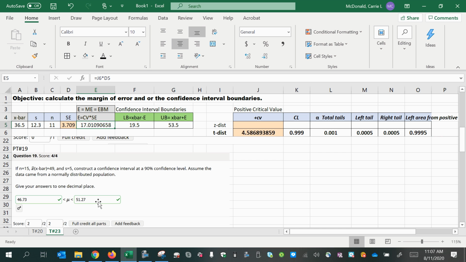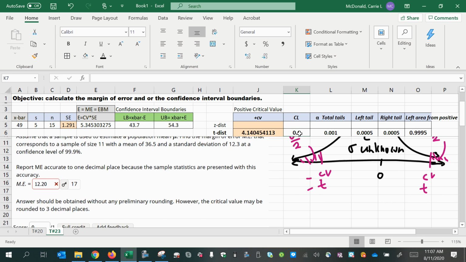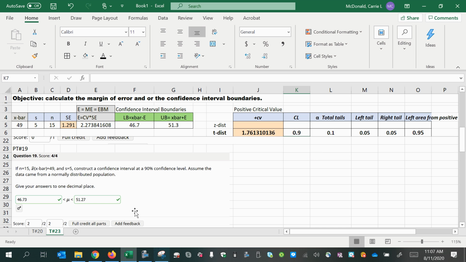All right, now a similar problem here. If n equals 15 and x bar is 49 and s is 5, construct a confidence interval at a 90% confidence level. Assume that the data come from a normally distributed population.